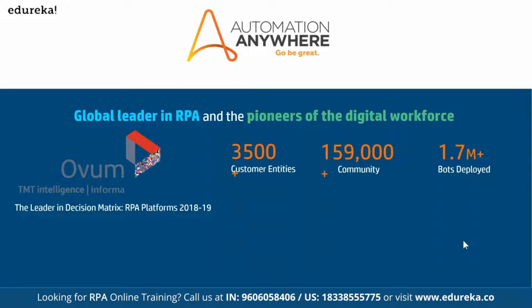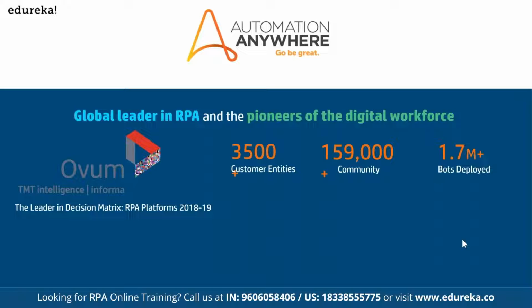It is the global pioneer in digital workforce. It has 3,500 customer entities, which means 3,500 clients have purchased its licenses. They say that they have deployed 1.7 million robots. Over here, robots means a set of programs, not 1.7 million machines.